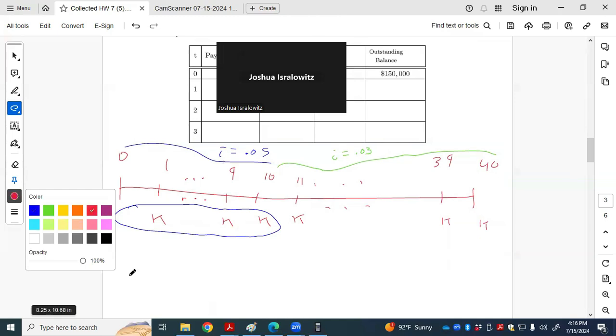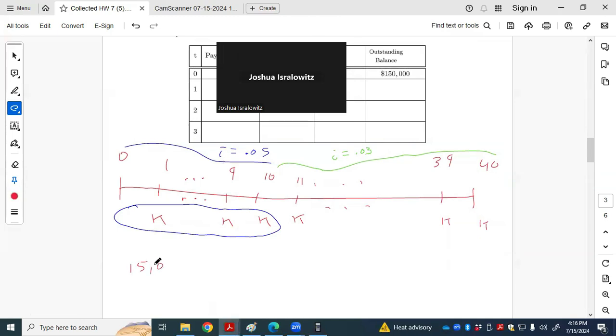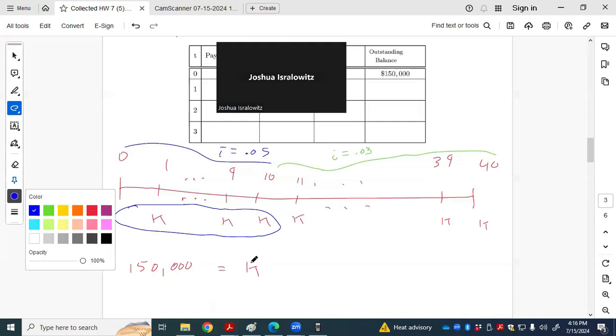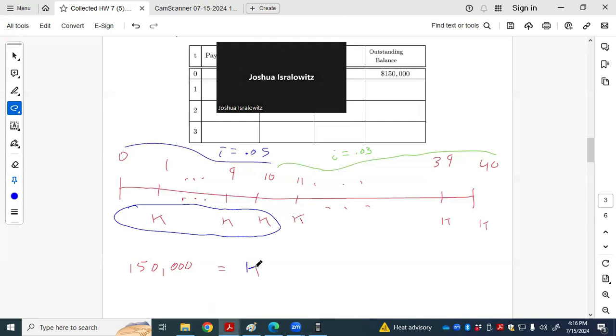So was it a $150,000 loan? Let me do it in blue. K a-ten at 0.05.